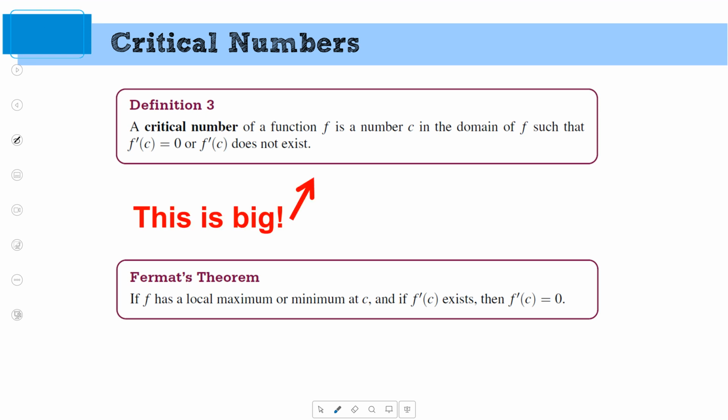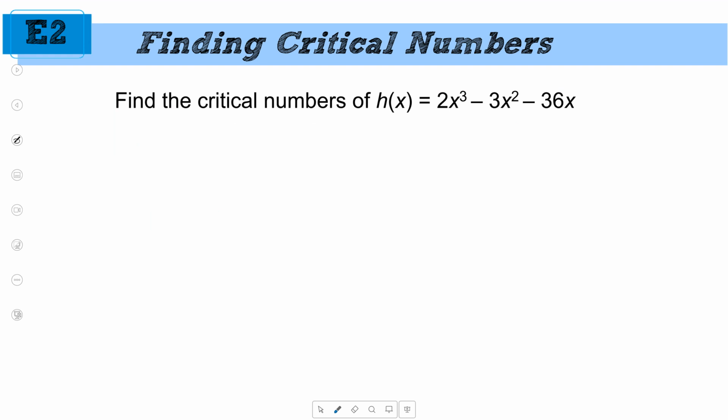This is big. We're going to do it a lot. In fact, most of the rest of the slideshow is just examples of doing just that. Good? Derivative equals 0, derivative does not exist. Okay, so find the critical numbers. Go ahead. Take the derivative, set it equal to 0, solve. I'll wait.